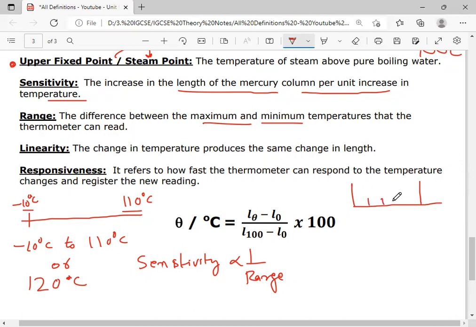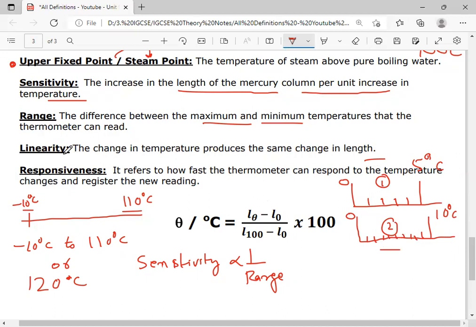One, two, three, four, starting from 0, and let's suppose this is 5 degrees Celsius, and as compared to this, 1, 2, 3, 4, 5, 6, 7, 8, 9, and 10. So which will be more sensitive, thermometer number 1 or thermometer number 2? It has a smaller range, so it will be more sensitive, and this one has a larger range, so it will be less sensitive.